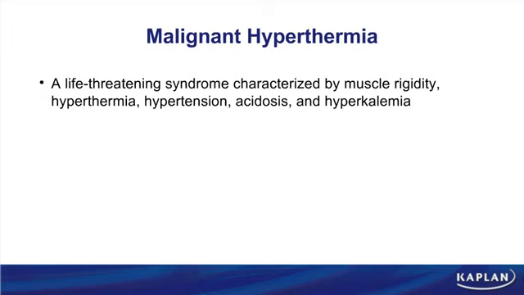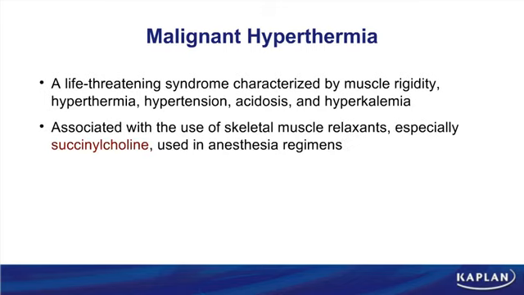But if they're being given a drug for intubation, you're thinking succinylcholine, muscle rigidity and hyperthermia in that case says it's malignant hyperthermia. So when I look at what are the causes for malignant hyperthermia, the primary cause is succinylcholine, though some other anesthetics even can contribute to this effect.